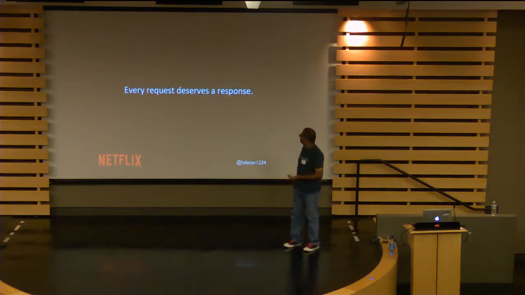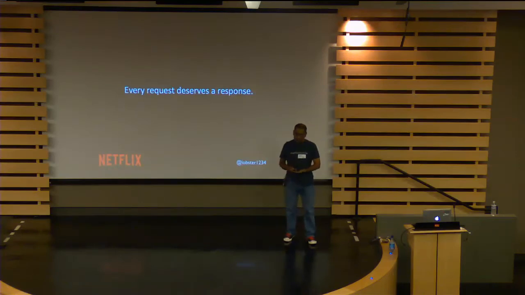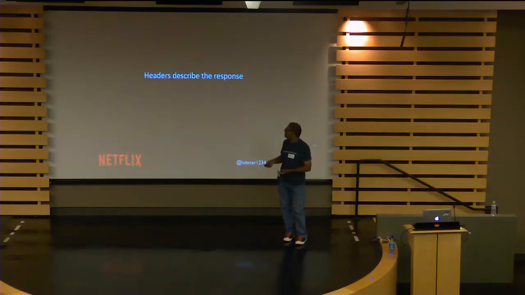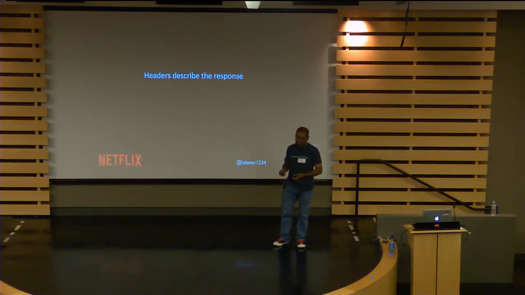And then, of course, when you make a request, every request deserves a response, right? Like Jason talked about the API model, where you always send a request, and there is always a response coming back, which can have headers, response codes, and other information about the response.